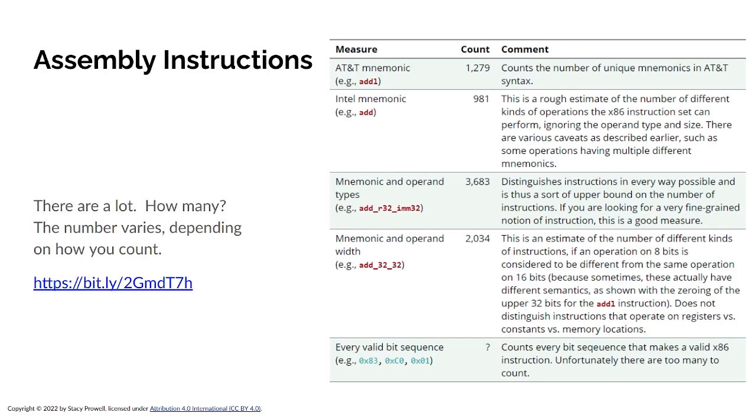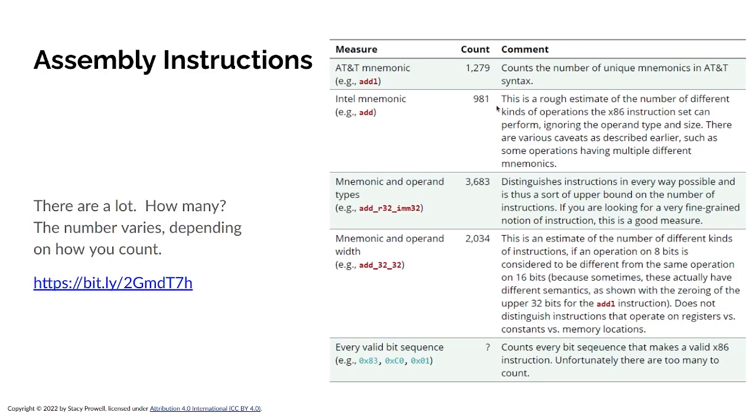We know that. There are two main dialects for x86 64-bit instructions, the AT&T dialect and the Intel dialect. And really, they differ in how they describe the instructions. And if we just count mnemonics, there are 1,279 AT&T mnemonics and 981 Intel mnemonics.